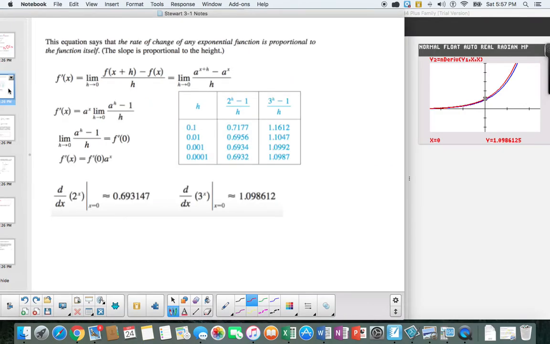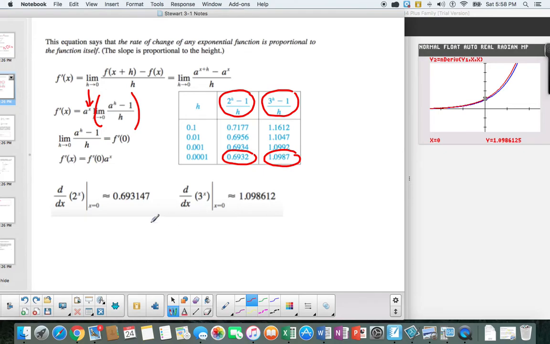All right, so let's take a look at this in table form. Remember, the derivative is the exponential times this limit. And we're going to examine the limit with base 2 and the limit with base 3. These are the numbers that we came up with. Getting closer and closer to 0, we're getting closer and closer to these numbers.